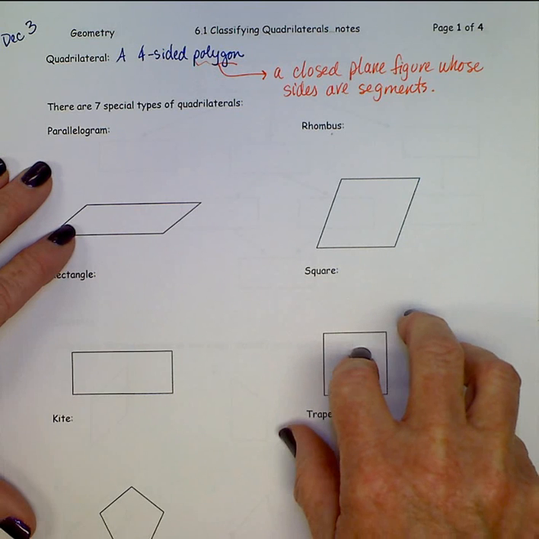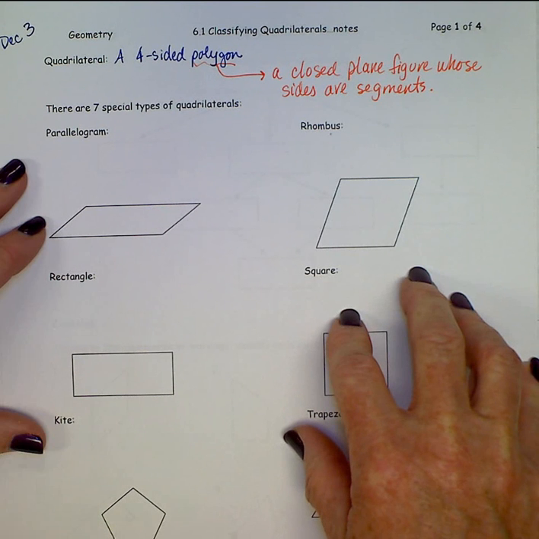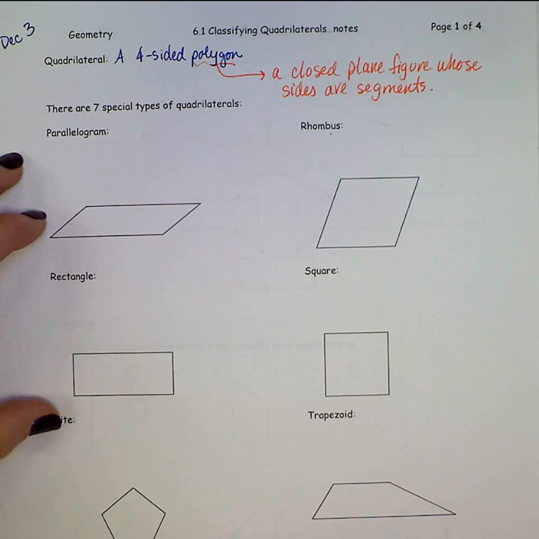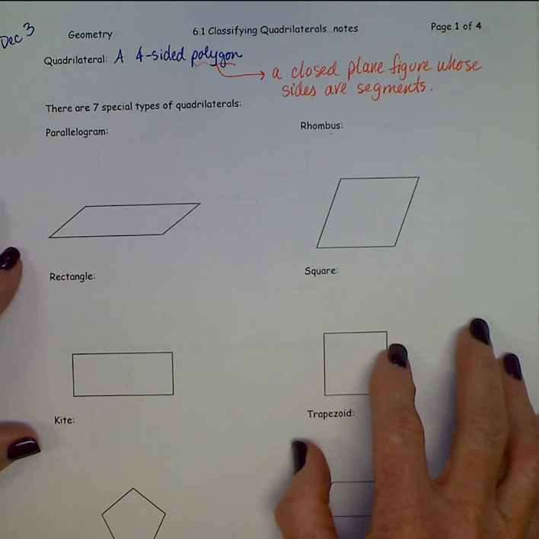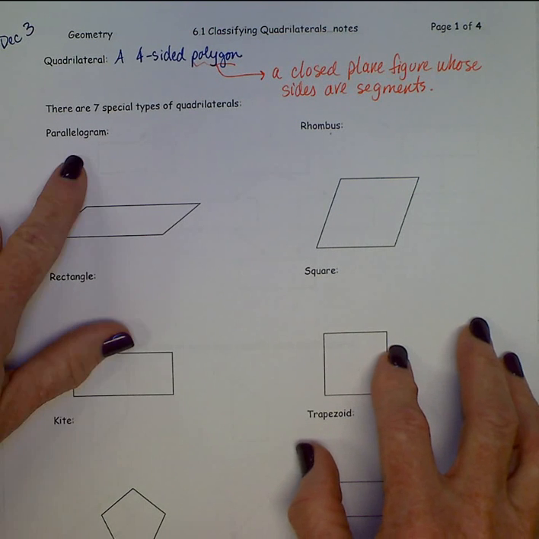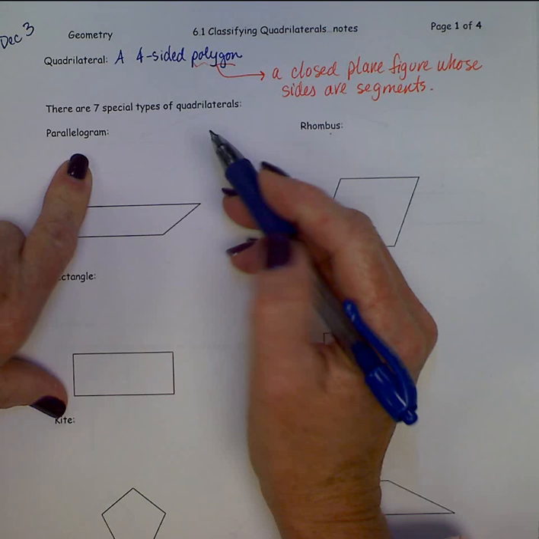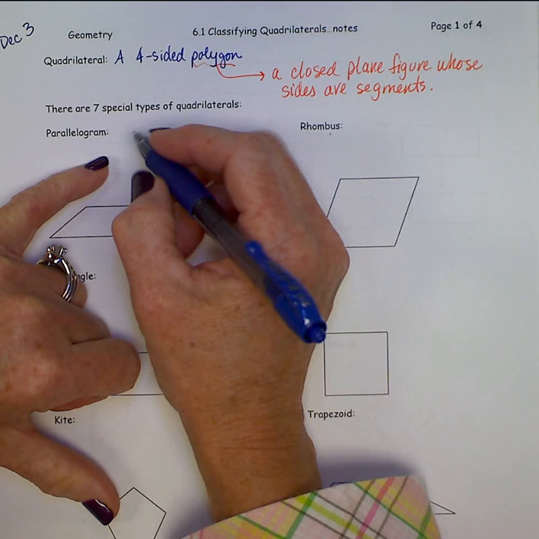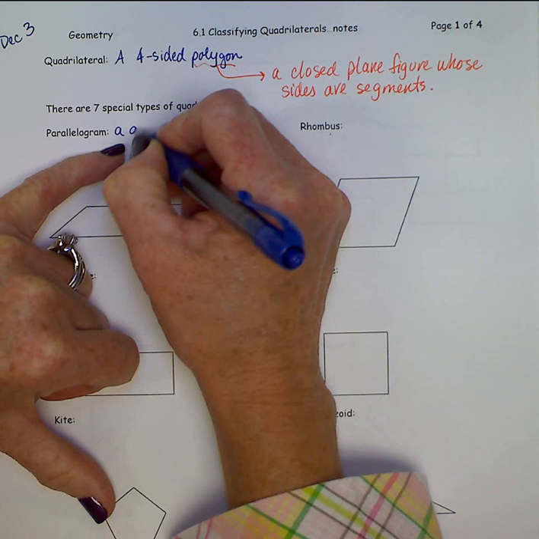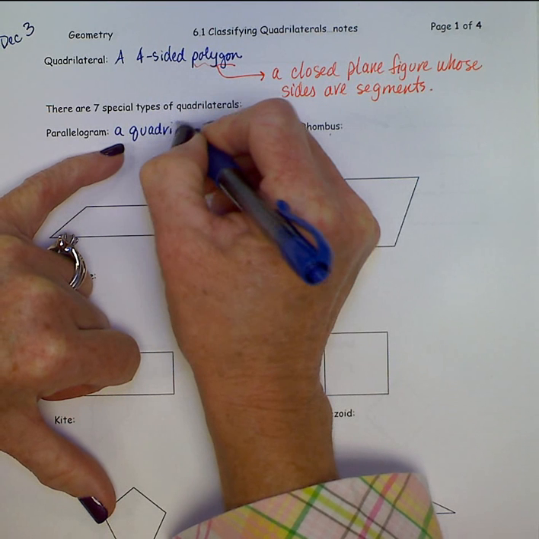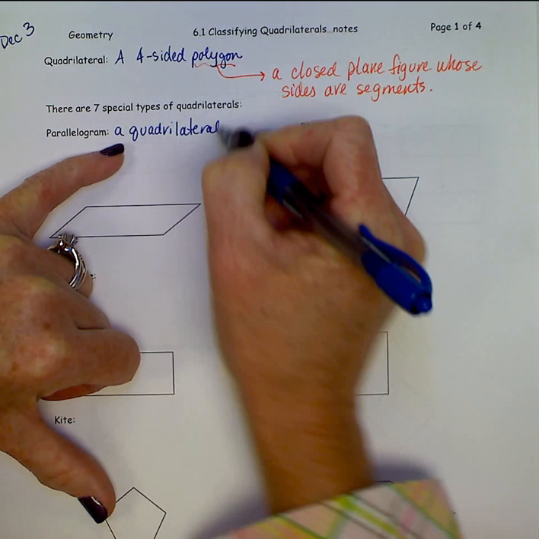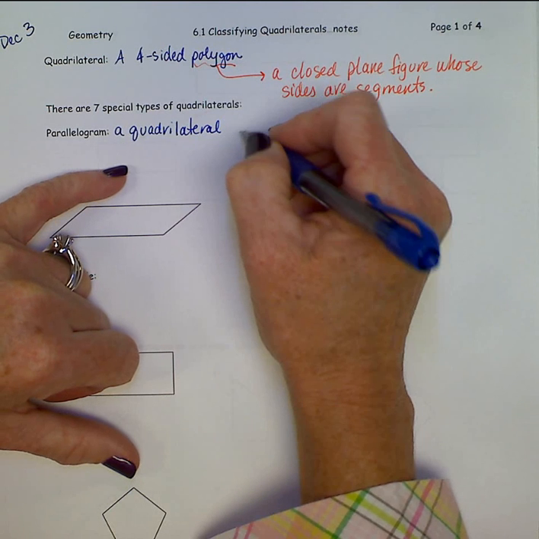If you want to pause the video and grab some colored pencils to help you designate all the different ideas, you can do so. The first one we're going to talk about is a parallelogram. A parallelogram, by definition, is a quadrilateral with both pairs of opposite sides parallel.